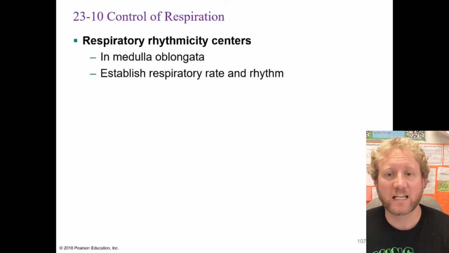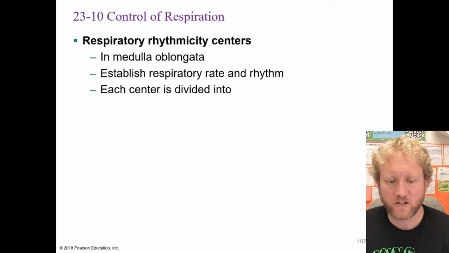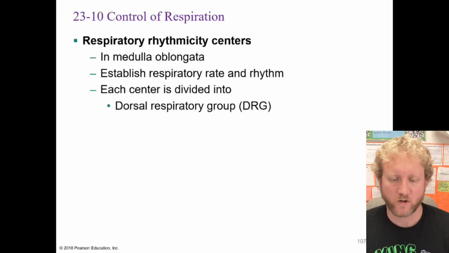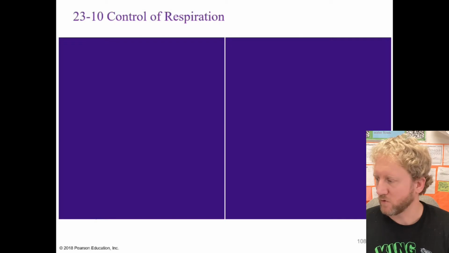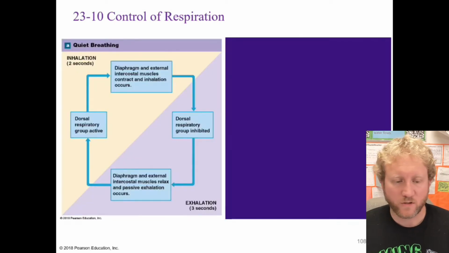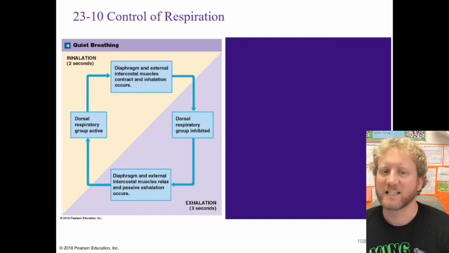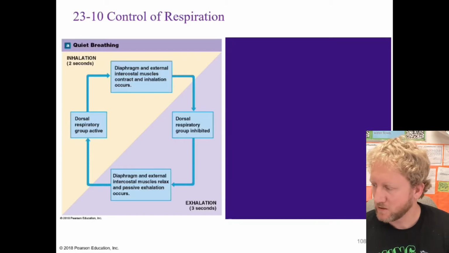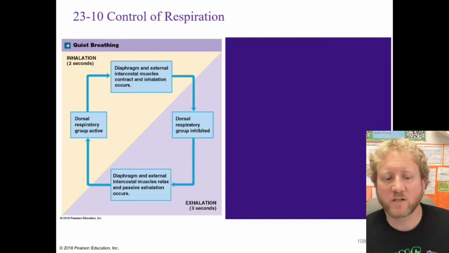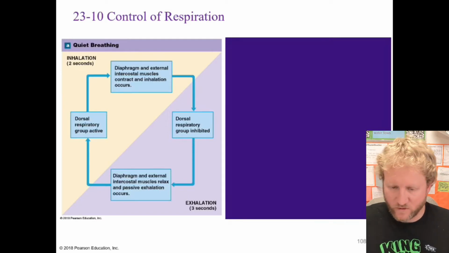Each one of these is divided into two, the dorsal respiratory group and the ventral respiratory group. The dorsal respiratory group, as you can see over here on the left, is the inspiratory center, and it functions in both quiet and forced breathing.